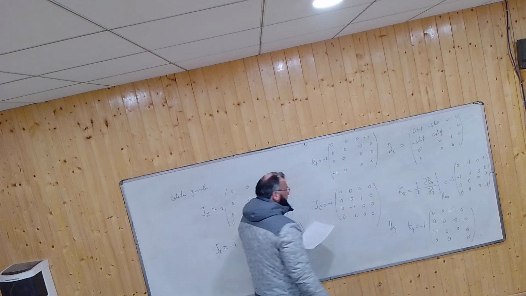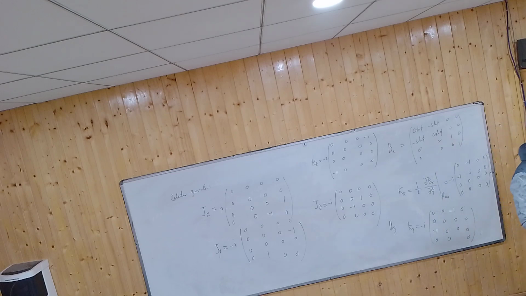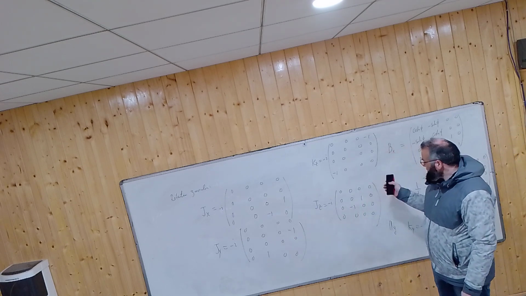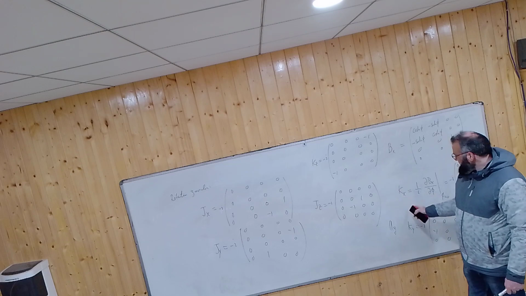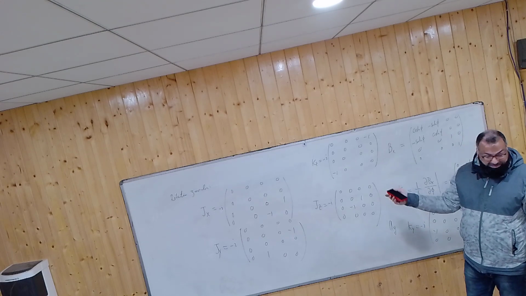Clear? So now how many generators are there? 6 generators. These 6 generators specify the Lorentz transformation, a general Lorentz transformation. Clear? Okay, now let me write the algebra between the two. We have just seen kx ky minus ky kx is equal to some Jz.